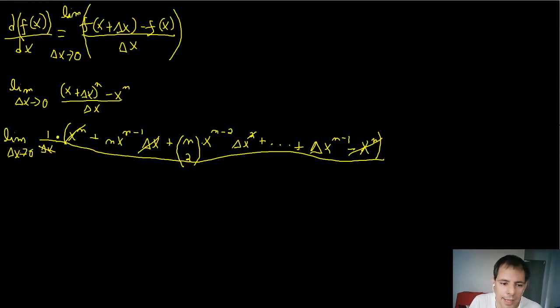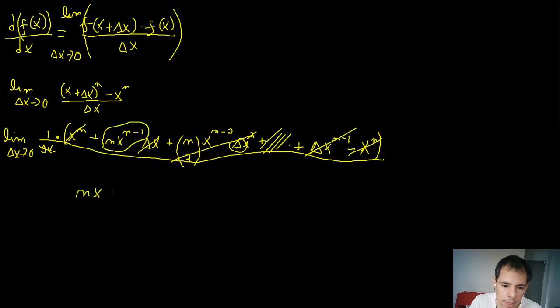Now the limit as delta x goes to 0, guess what? You've got a delta x in here, so this whole thing goes to 0. And all the others go to 0 too. And delta x to the n minus 1, so this whole thing goes to 0. What's the only thing that's left out of this whole mess? It's this thing right here, which is what?